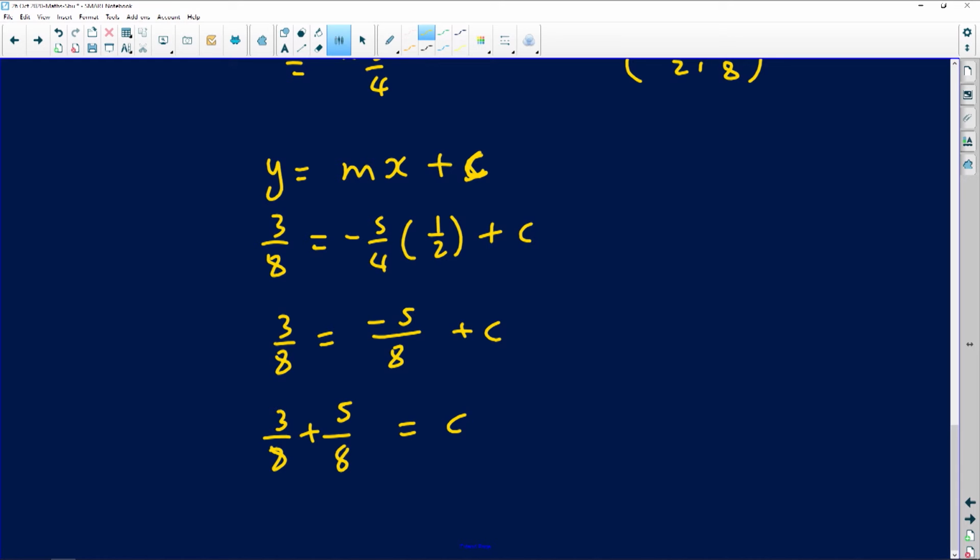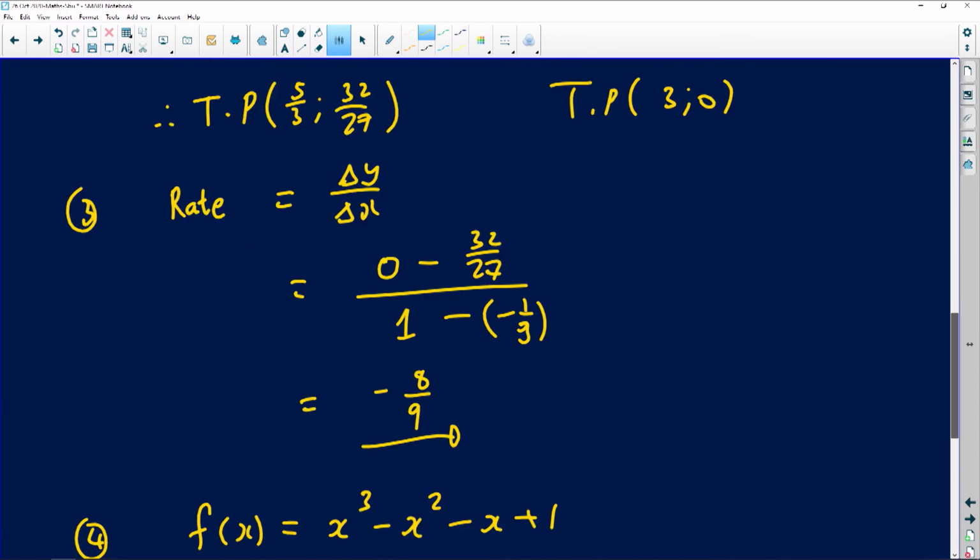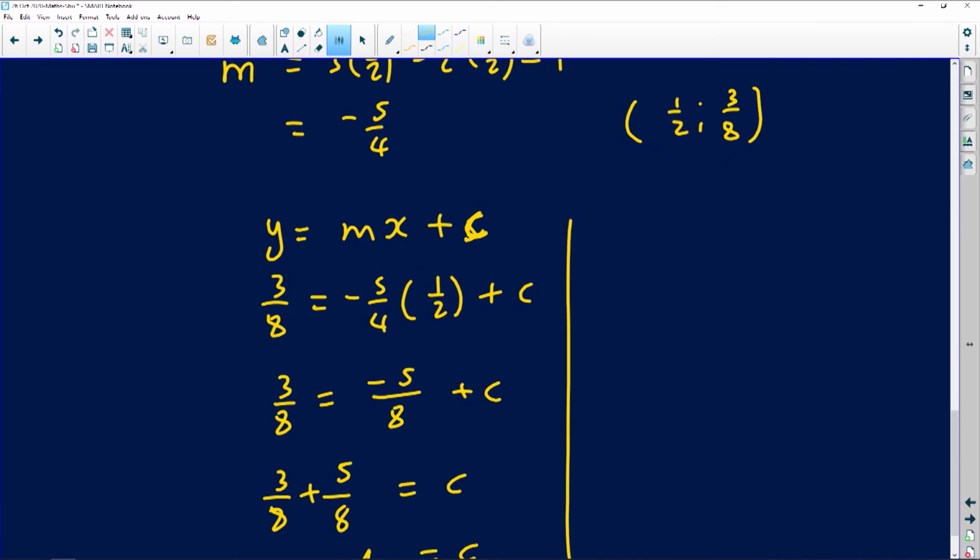That's 8 over 8, which is a c value of 1. Remember we are looking for the equation of that particular tangent, which has the point half and 3 over 8. So everything is still fine so far. Therefore the equation is going to be y equals negative 5 over 4 x plus 1.